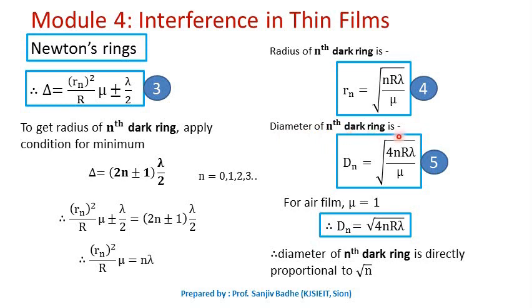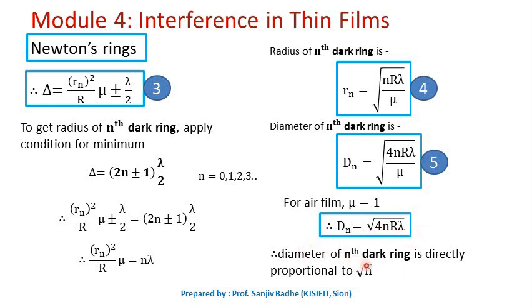So diameter of nth dark ring will be obtained as 2 times Rn. So when this 2 goes in the square root sign, it will become 4. So Dn is equal to square root of 4nR lambda upon mu. For air film, refractive index is equal to 1, and therefore Dn can be written as square root of 4nR lambda for air film.